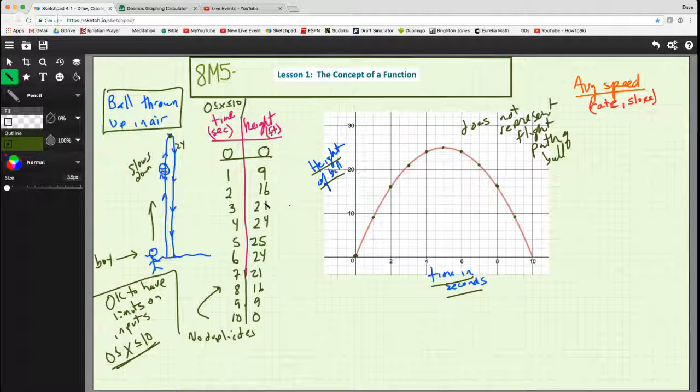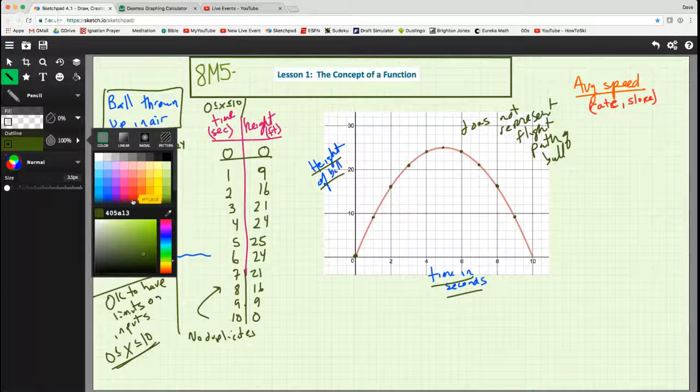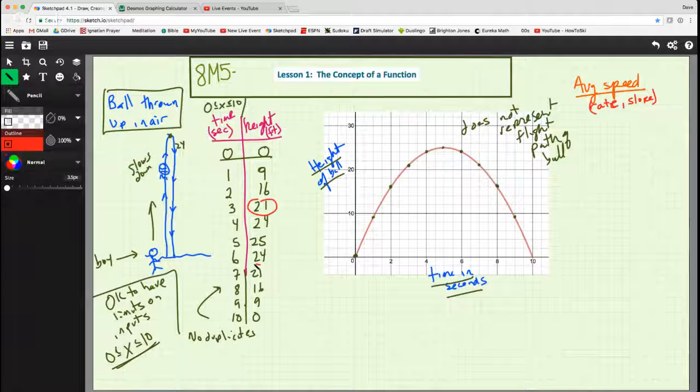Now notice what's interesting on this output. It's interesting to notice that I have duplicates on my outputs. And that's okay. There's no problem with duplicate outputs.